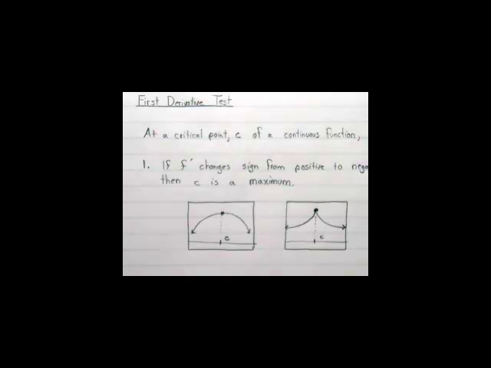It says if f prime changes sign from positive to negative, it's a maximum. Is f prime changing from positive to negative? Yes, it is. Now, what's the value of f prime right at c on this one? Doesn't exist, right? Because it's a cusp. But it still changes sign from positive to negative at that point, so it could still be a maximum.